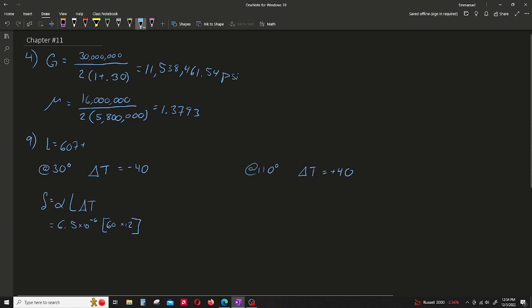And then lastly was our delta T, which was our 40. And so we get a value of 0.187 inches. Sorry, not 0.187, it's 0.1584, and this over here is not 6.5. This is actually 5.5. Sorry.